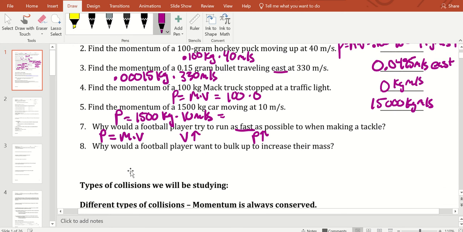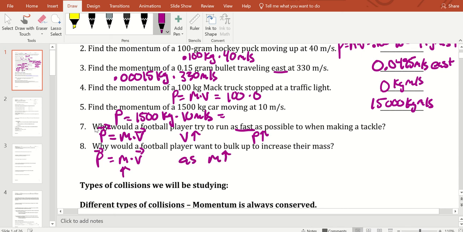Question 8. Why would a football player want to bulk up to increase their mass? Again, momentum is equal to mass times velocity. So if I want to increase my momentum, we've already looked at increasing the velocity. The second way I can increase it is increasing the mass.